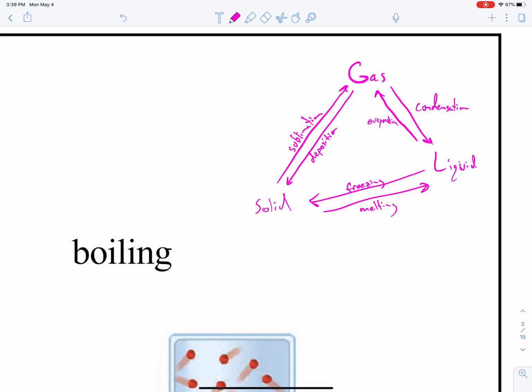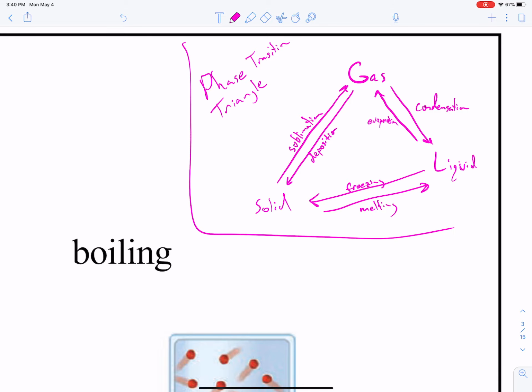So this is a neat little phase triangle for you that shows the different processes of phase transitions. I'll call it a phase transition triangle. Make sure you are aware of this.